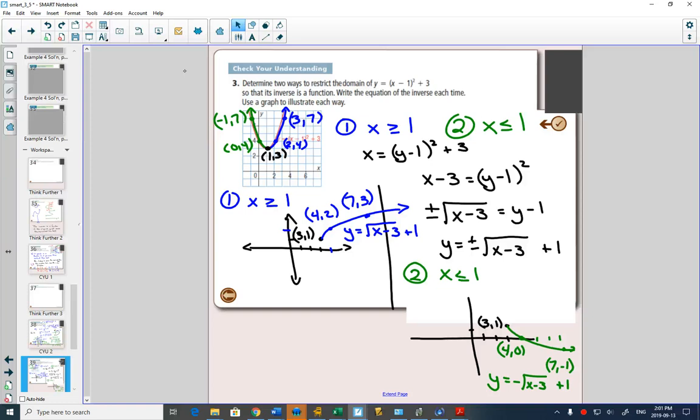You either take this half or this half. So the way that I figured out x is bigger than or equal to 1, well, that's because my vertex, the x value, was at 1. So using that x value at 1, I can find out what's bigger than that and what's less than that. So my 2 ways to restrict the domain are based on my vertex and taking half the parabola each time.